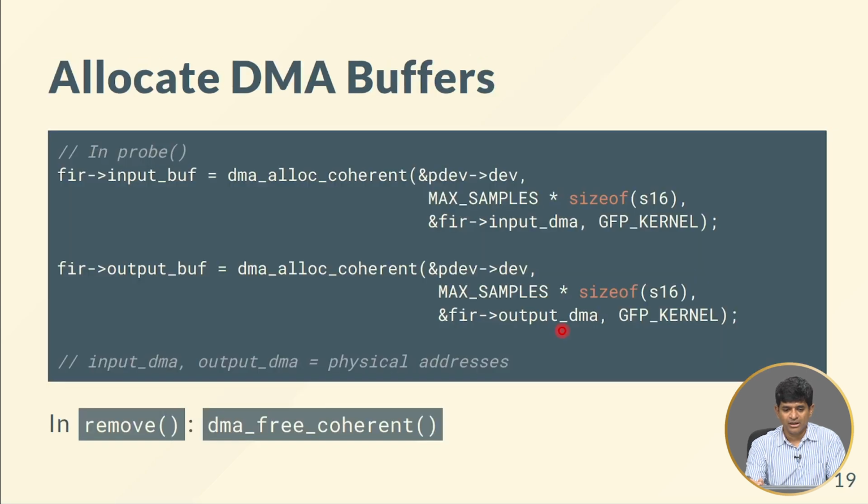Right? Now in order to use something like this, we would need to go through some standard code in the kernel, one of which would be that you need to actually allocate appropriate buffers, for example the input buffer and the output buffer, right. And what happens over here is this FIR input buff and FIR output buff are set up in your driver probe, when you are actually initializing the driver.